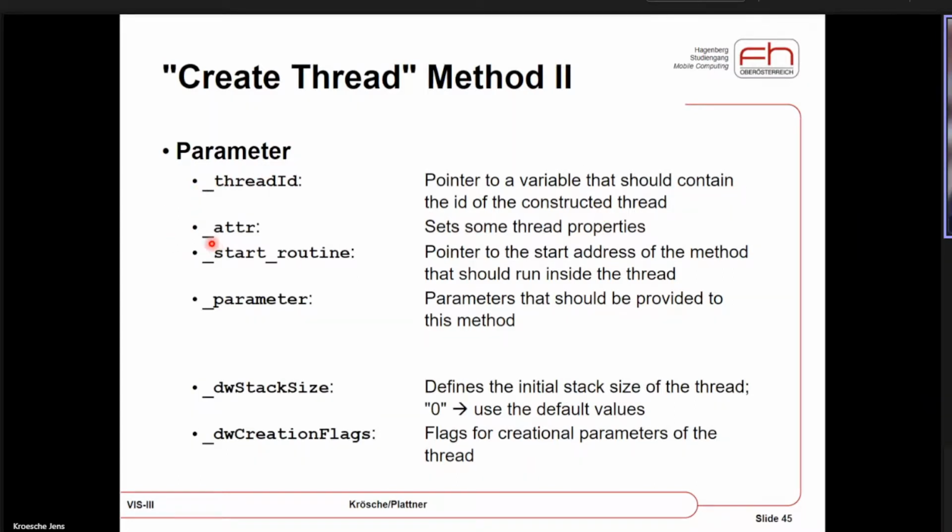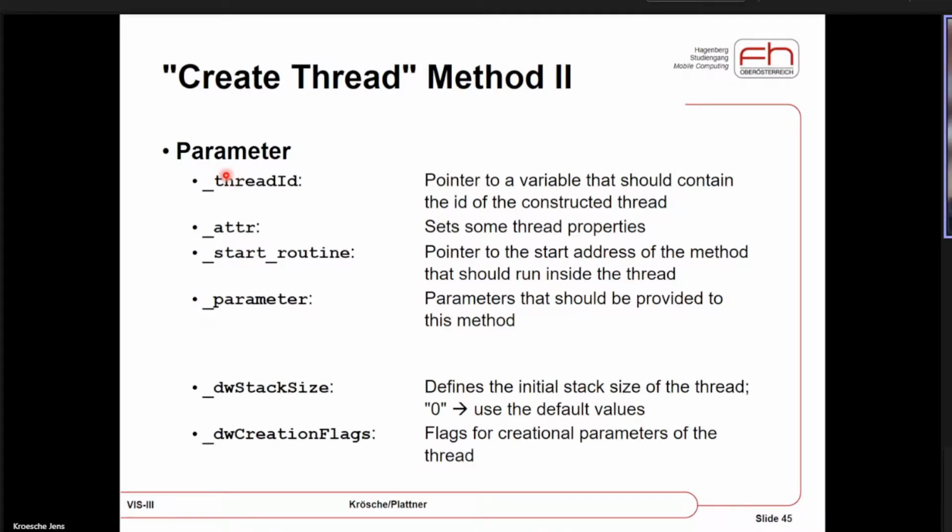In both versions, we can set some so-called thread attributes, thread properties, which is something we don't do in this lecture. We need to provide the start routine, so what function should be executed in parallel to the main control flow. And we can provide some parameters to this start routine, which we also have to provide to the create thread method.